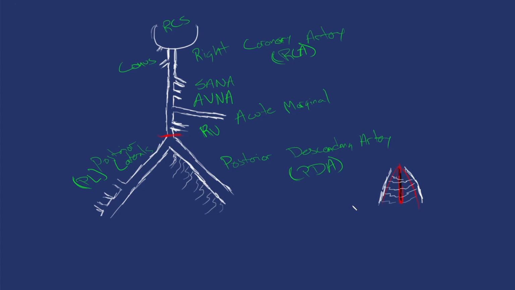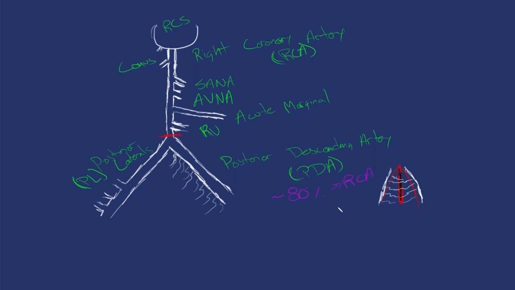So the PDA is also a big one. Just like we mentioned, the SA nodal artery and the AV nodal artery may come off of the left. The posterior descending artery may also come off of the left. Okay, I want to note that the PDA, roughly 80% of the time, comes off the right coronary artery.